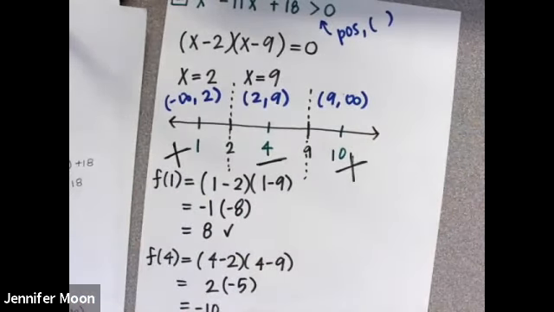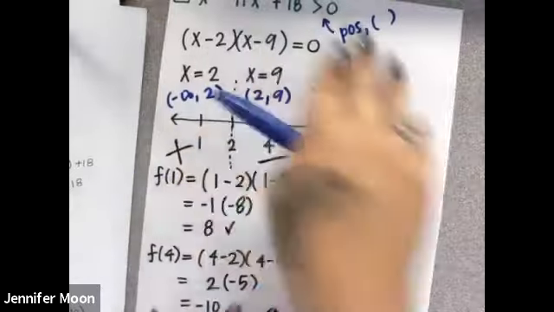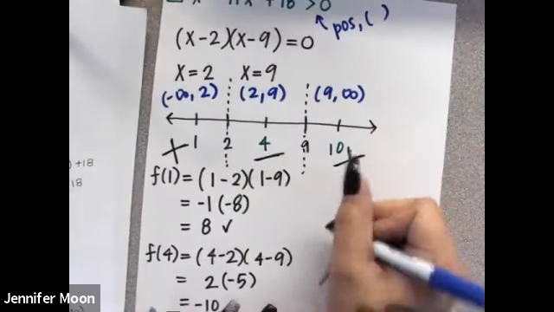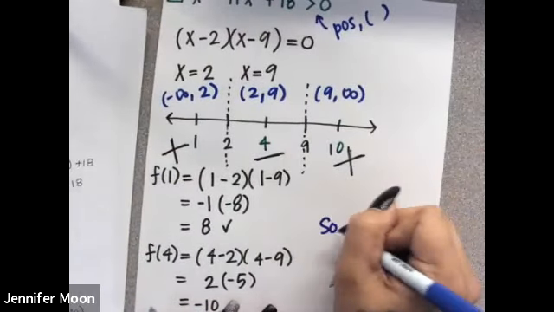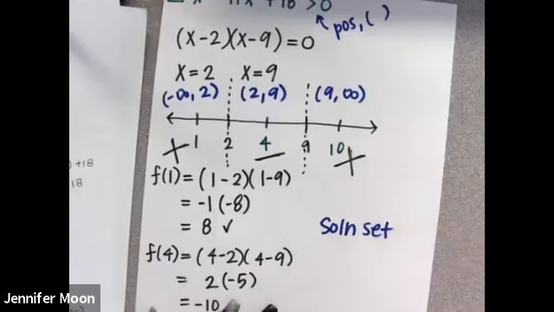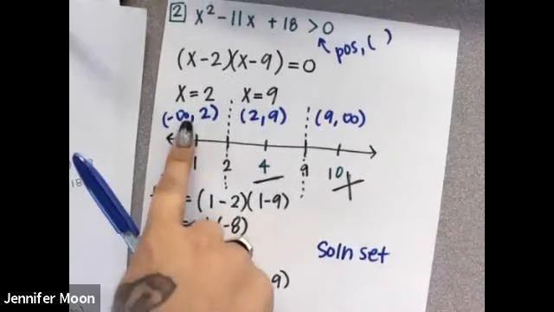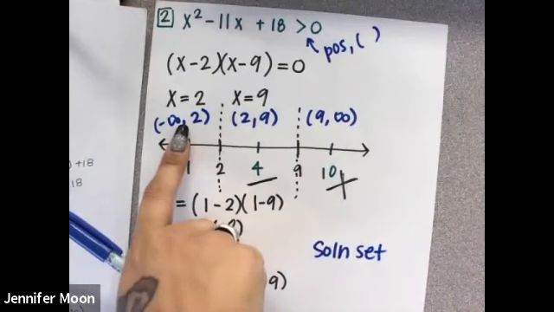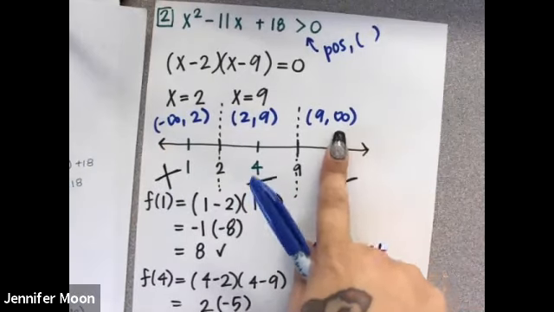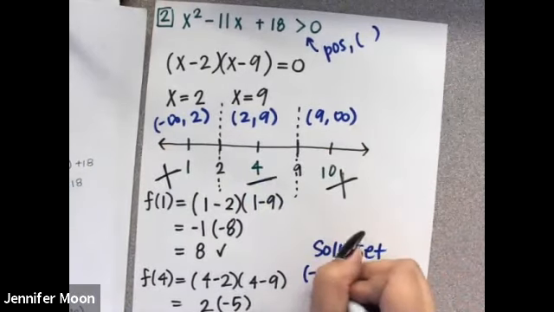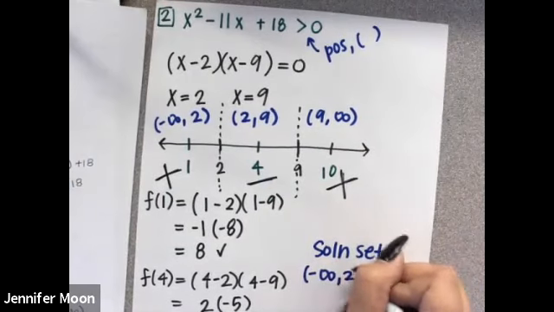So whenever I use the intervals that satisfy my problem, I can just write my solution set as this interval notation and this interval notation, using union in between them.